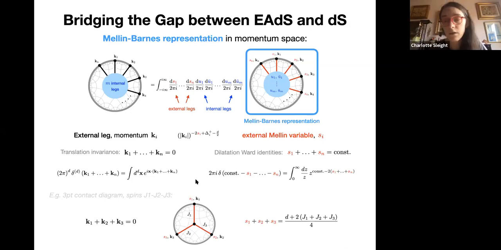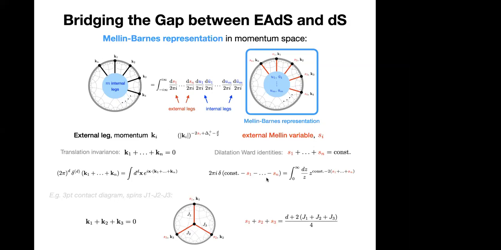In order to use a single external Mellin variable, I've already taken the limit of late times. There is a little bit of control over the late time cutoff, but I think you would miss some terms if you just restricted to this single external Mellin variable. So you should always assume that I'm working at the late time boundary.